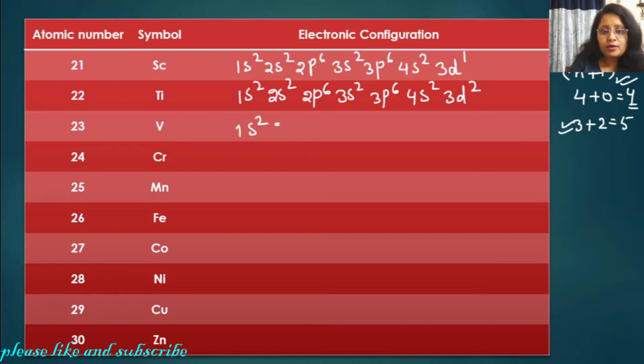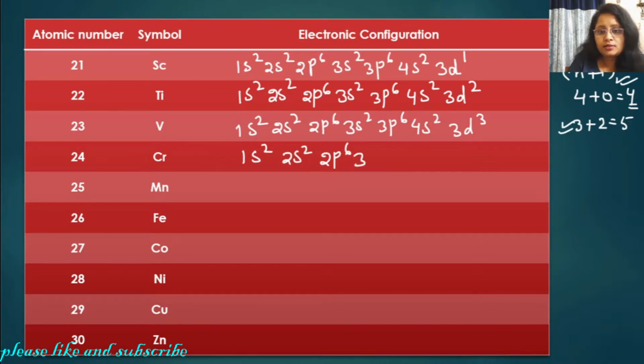In vanadium: 1s2, 2s2, 2p6, 3s2, 3p6, 4s2 and 3d3. Then 2s2, 2p6, 3s2, 3p6, 4s2 and 3d4.